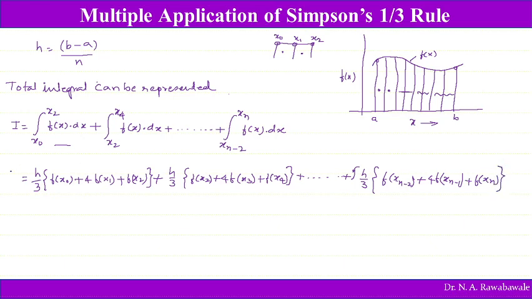Now from this we can take h by 3 as common, or in place of h we can take b minus a divided by n.